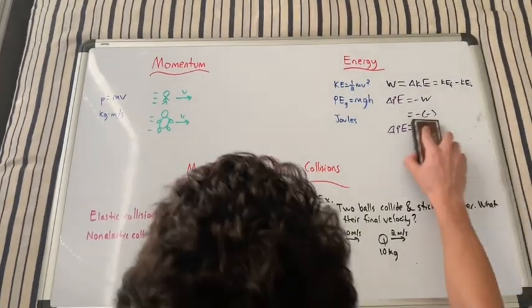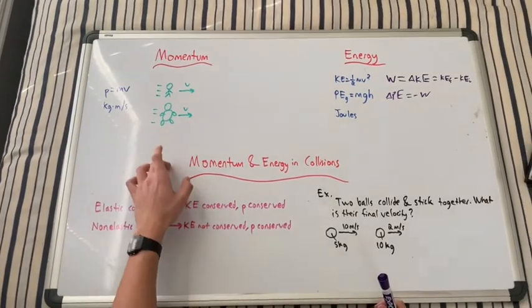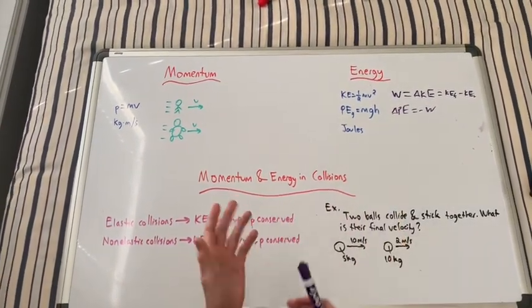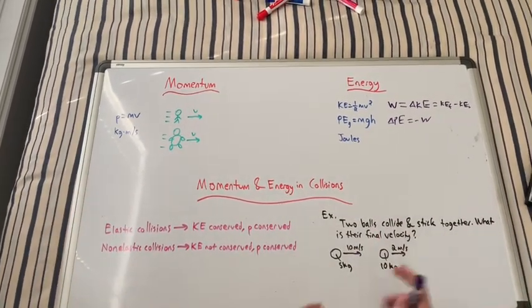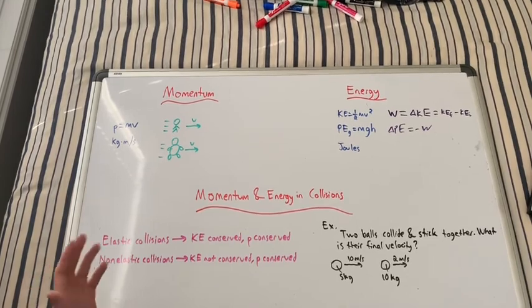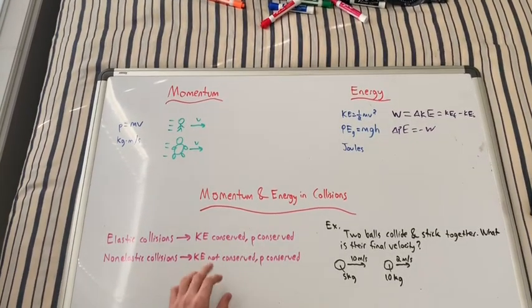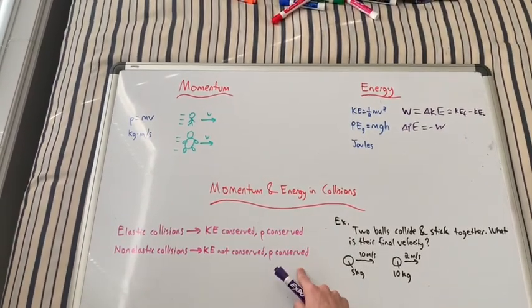I'll leave those up there. Now we're going to move on to momentum and energy in terms of collisions. There are two extremes of the collision spectrum. On one end, you have inelastic collisions, where kinetic energy is not conserved, but momentum is conserved.